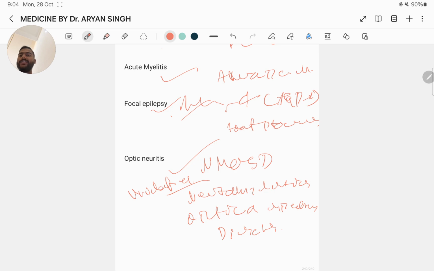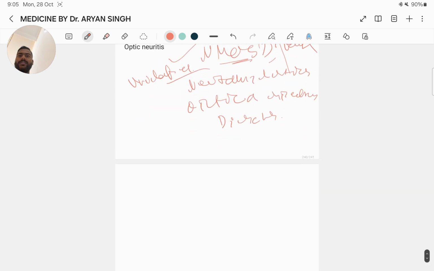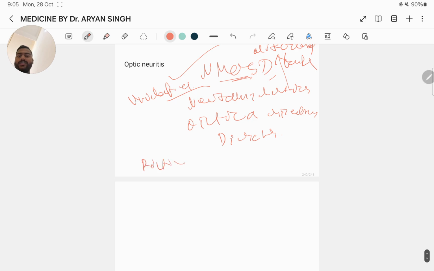Unlike in MS, CSF findings in NMO show higher pleocytosis with neutrophils and eosinophils in acute cases, and a rare occurrence of oligoclonal bands, distinguishing it from MS. Drugs used for prophylaxis include rituximab, mycophenolate mofetil, glucocorticoids, and azathioprine.